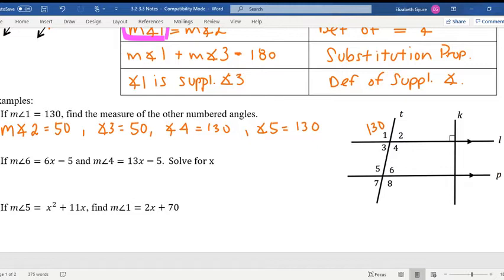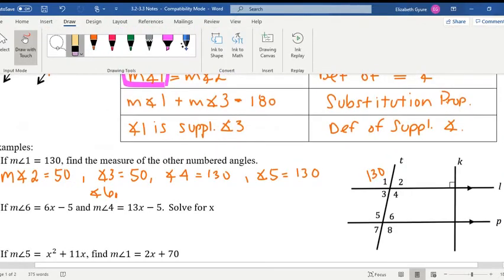Angle 6. Ben V. Ben at home, what did you say? Absolutely, that would be 50. Oh, this is an easy way for me to hear from some people at home.